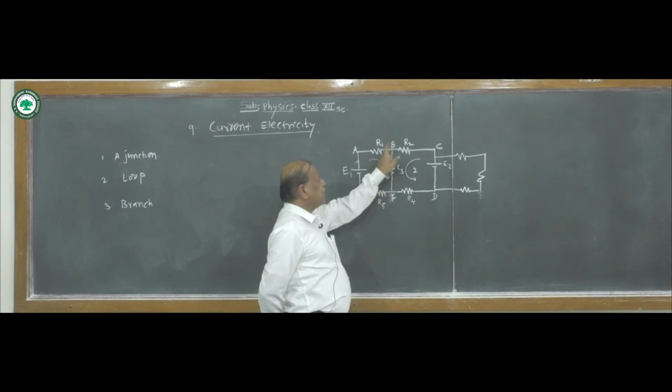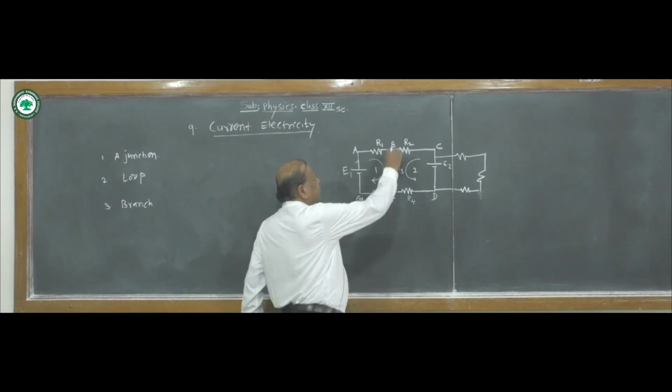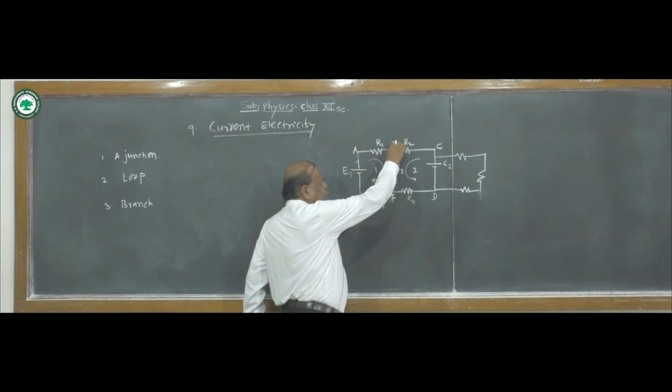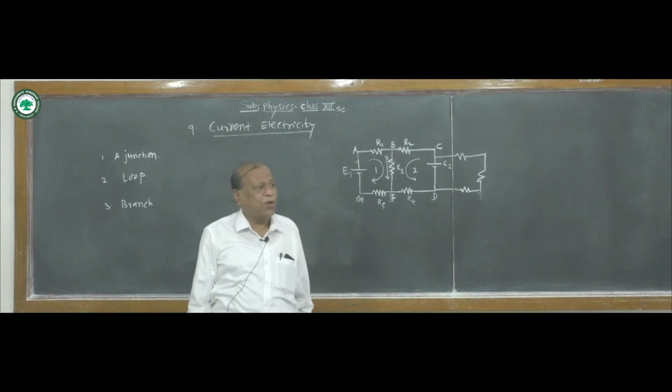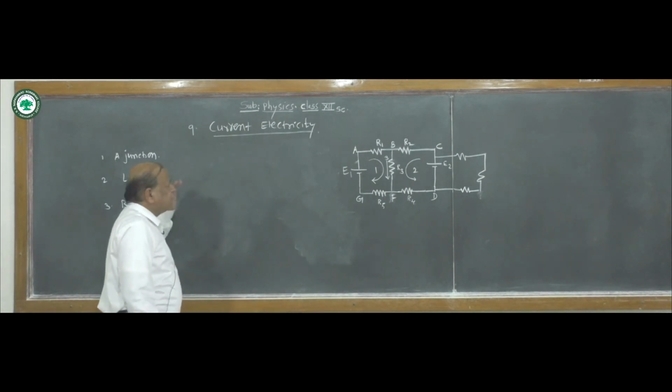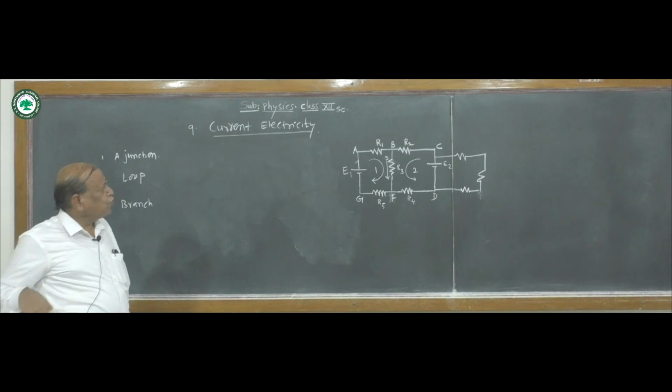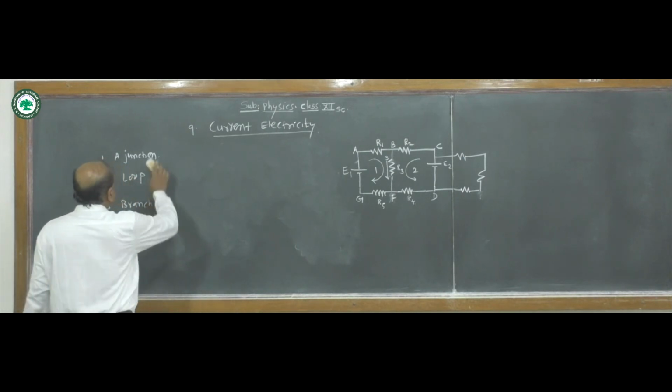Suppose here junction B and junction F. The part between those two junctions B and F is this one, and this is called the branch of that electrical network.